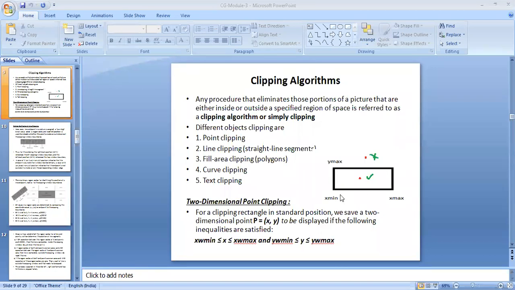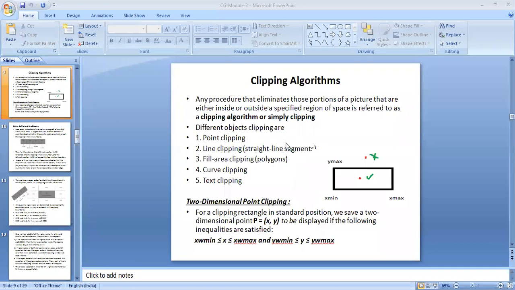What are the different things I can eliminate in an object? I can eliminate a point, a line, or some part of the polygon object itself. The best example is the Apple logo behind your iPhones. You can clearly see that a part of the apple is deleted, so technically we say that part of the apple is clipped.